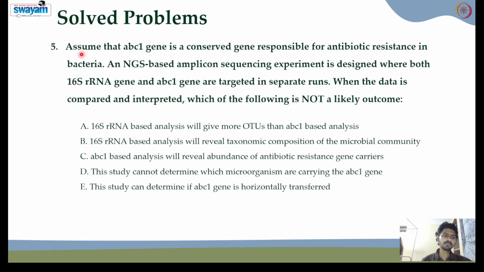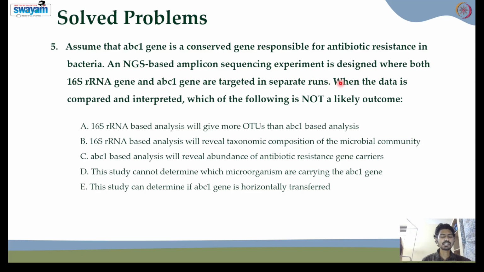Next question: assume that the ABC1 gene is a conserved gene responsible for antibiotic resistance in bacteria. Now we are doing an experiment where we are submitting the sequence for NGS based amplicon sequencing, where both the 16S rRNA gene and the ABC1 gene were targeted in separate runs.